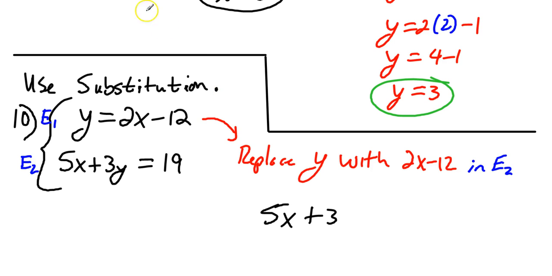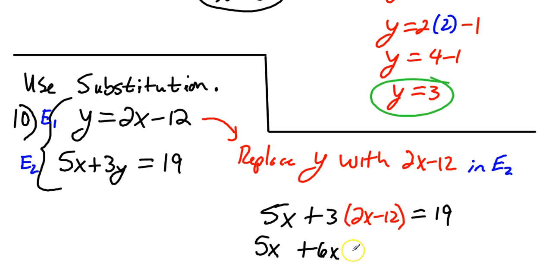We're going to take out this y and replace it with 2x minus 12. Okay, so now you've got 3 times 2 for 6x, 3 times negative 12 for negative 36. We've got 11x here, minus 36 equals 19.